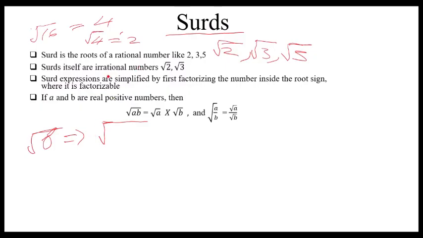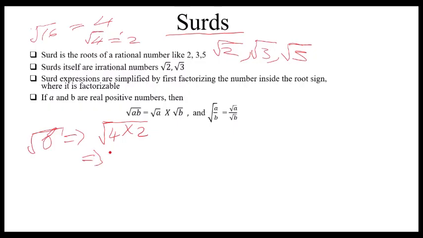So we have 4. 4 can go in 8 how many times? 2. And square root of 4 is what? 2. So that means we can get the square root of 4. So we have 4 times 2.